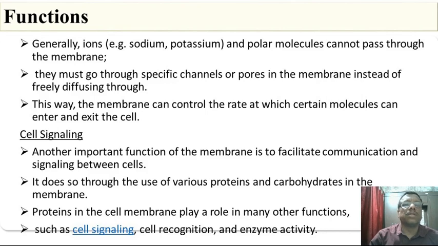So that's why it is called a selectively permeable membrane. These ions must go through specific channels or pores in the membrane instead of freely diffusing through it. This way the membrane can control the rate at which certain molecules enter and exit the cell.